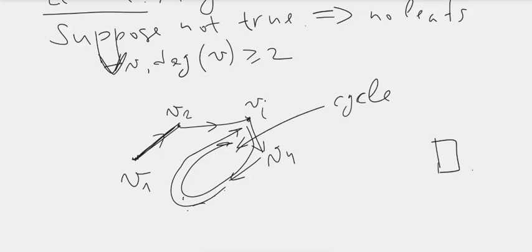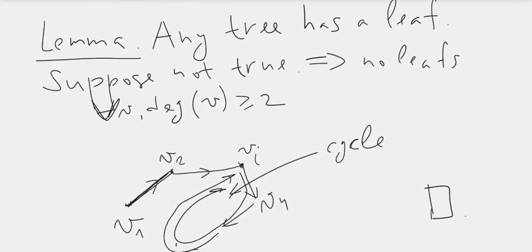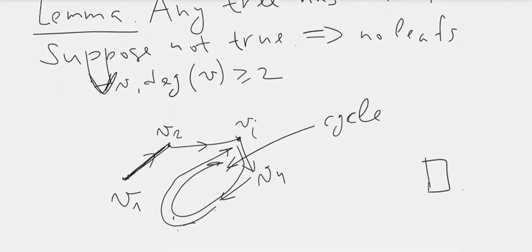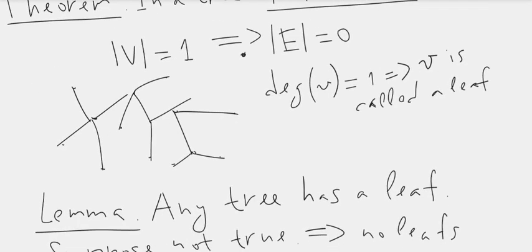Okay, so in a tree there is at least one leaf. If you go back to this picture, there is at least one leaf. So let's pick this leaf. It has degree 1.